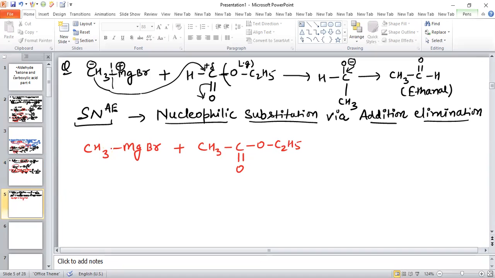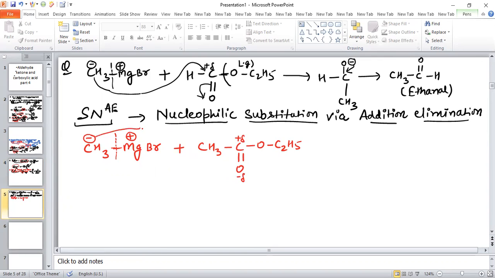Now you can see what happens. This sigma bond will break, and magnesium having positive charge and carbon having negative charge. Now see, this carbonyl group is there basically, so this carbon having partial positive charge and this oxygen having partial negative charge.